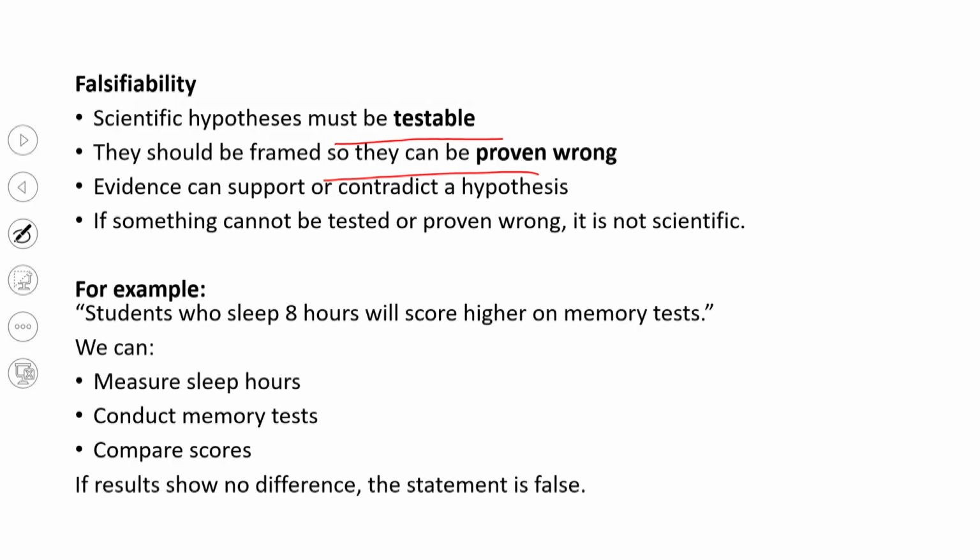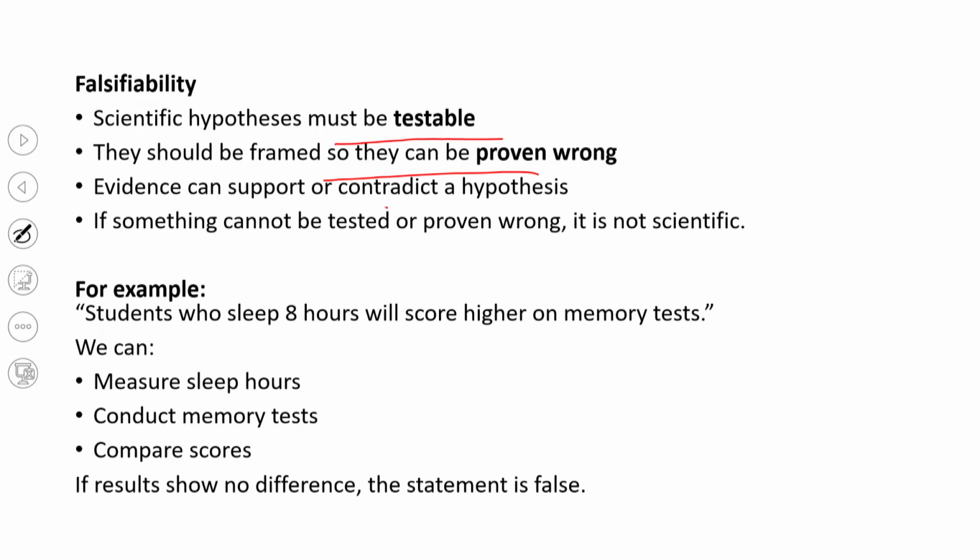I can prove it wrong if I follow a certain process and do not find the expected result that the earlier researcher mentioned. So there is an inbuilt assumption in testability that if something is testable, I can also prove it wrong. That is the whole idea behind falsifiability.